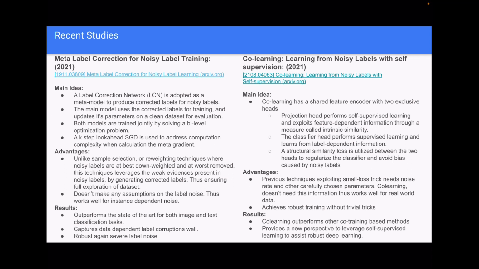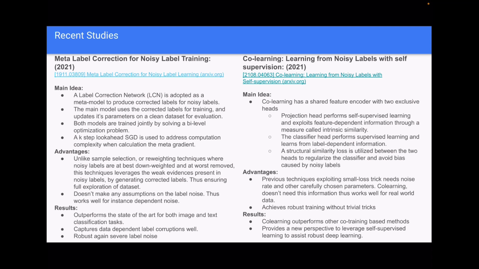You might have noticed in the survey that some techniques assume that the noise is instance independent, meaning there is no relation between the corruption of the label and the data features. This model does not make such bold assumptions. Therefore, this works well for instance-dependent noise. The result is it outperforms the state of the art for both image and text classification, captures data-dependent label corruptions, and is robust against serial label noise.